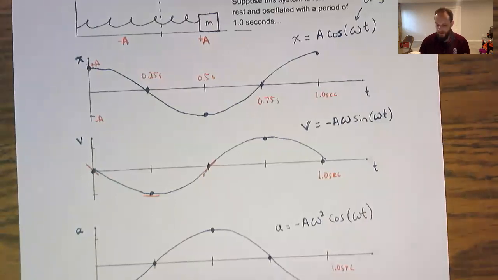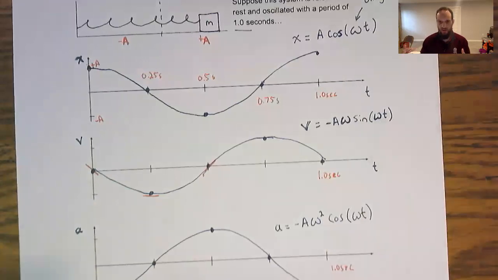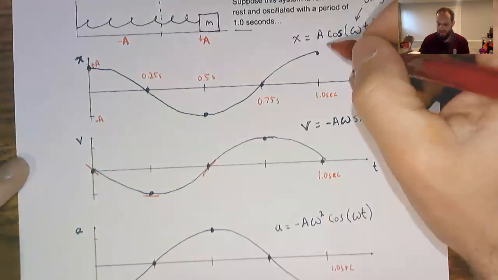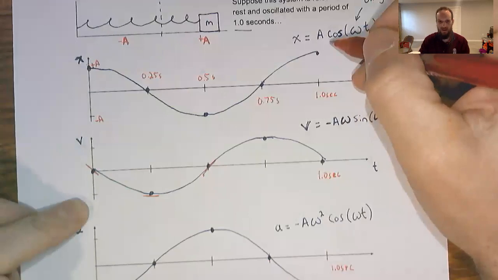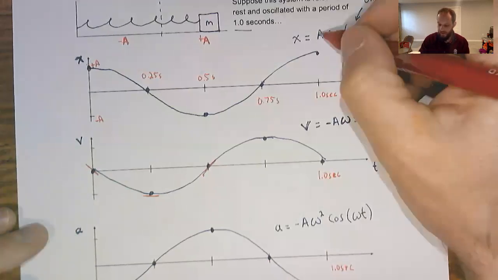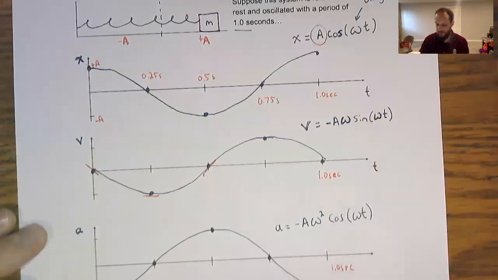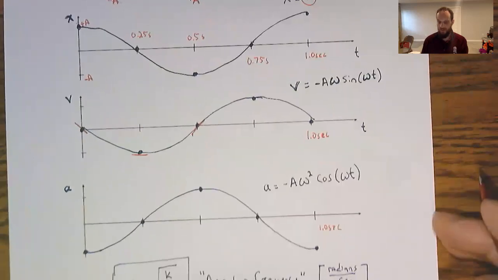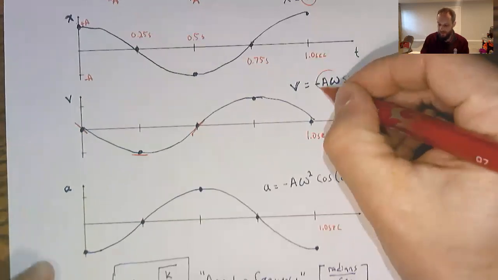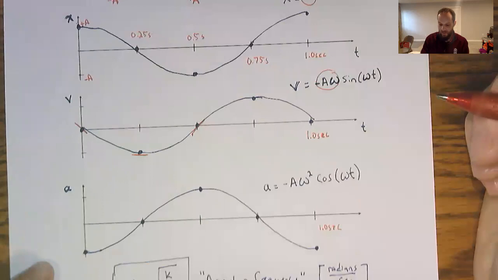But the other thing that's extremely useful about these functions that we've come up with, sort of a takeaway from what we're talking about today, is the amplitude, the maximum values of these functions. Now, it doesn't tell me a whole lot to say the amplitude of my position function is the amplitude. I mean, that's the definition of amplitude. But I learned usefully from this that the amplitude of my velocity function is going to be equal to A omega.